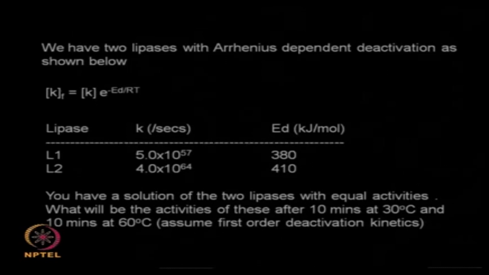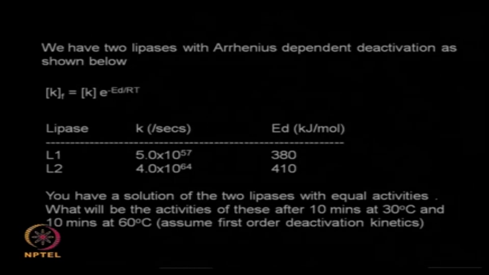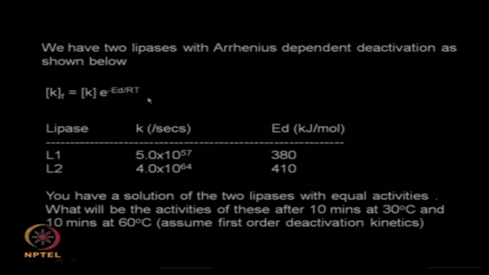Let us look at a problem related to the deactivation of an enzyme when we go into higher temperature. Generally we can assume an Arrhenius type of deactivation parameter. This is a typical Arrhenius type of relation, you might have studied it in school itself.